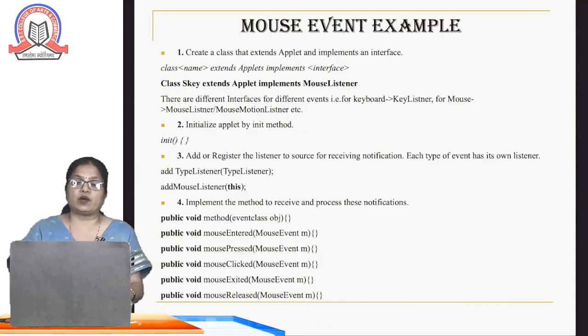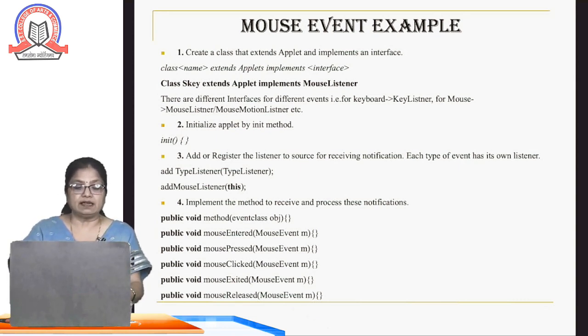Now there is one more example, that is mouse event. For that, first we have to create a class that extends applet and implements an interface. After that, we have to initialize applet by using the init method, and then add or register the listener to the source for receiving notification. Each type of event has its own listener, like addTypeListener, addMouseListener, etc. Then implement the methods to receive and process these notifications.